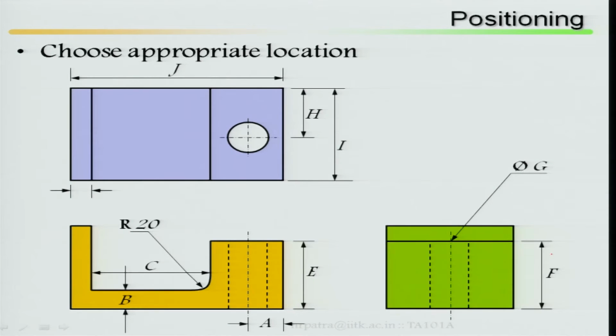Choose appropriate locations for the positioning dimensions. Suppose this is a view, there are three examples, 1, 2, 3. If you look at this view, this diameter, this hole or this circle, is on this side.